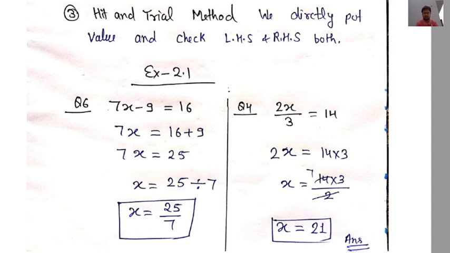7x minus 9 equals 16. We want to find the value of x. Which method are we using here? The transposition method.